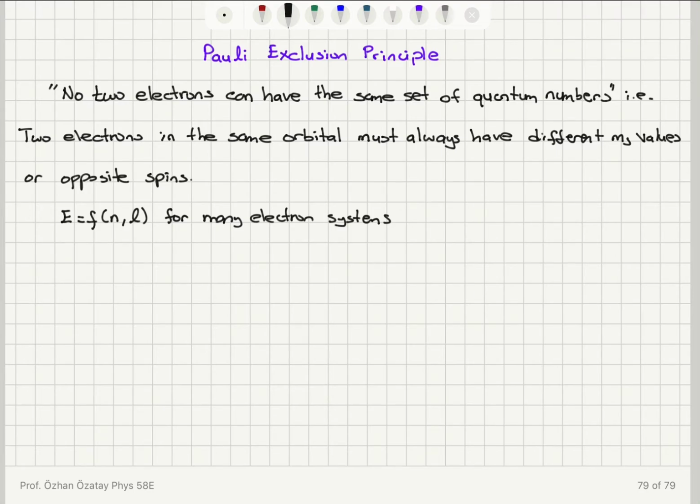So if you have a smaller l, the electron is closer to the nucleus and more stable.